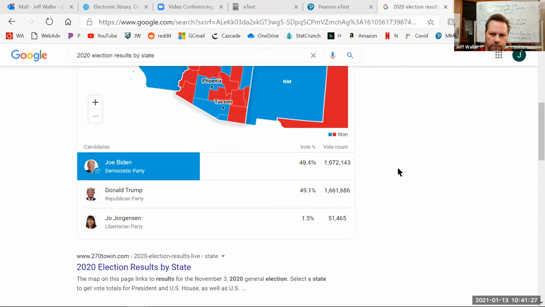He got 49.4%, right? You guys kind of with me so far? So to get the electoral votes of a state, that would be a plurality. To become president, you have to win a majority of electoral votes. I'm sorry. Stay with me.